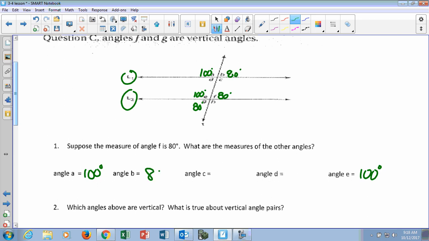They have to equal 180. What's C? 100. Because B and C are supplementary, or because A and C are vertical angles, they're the same, right? It's exactly what it's set up above. And then D would have to be 80.